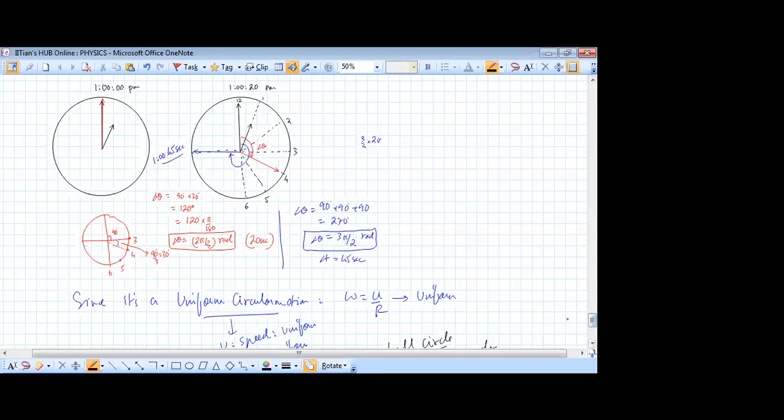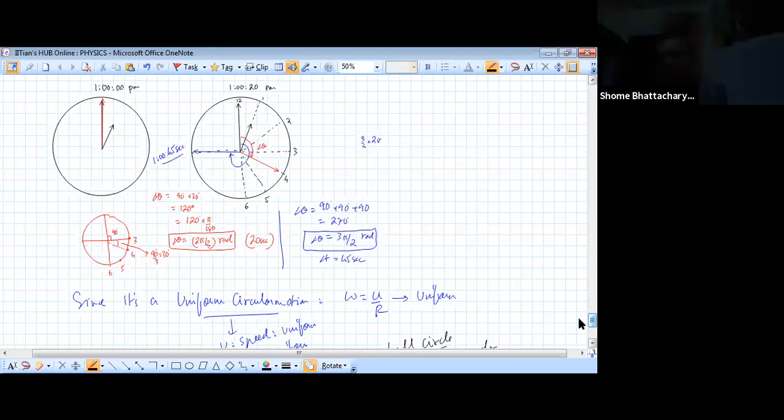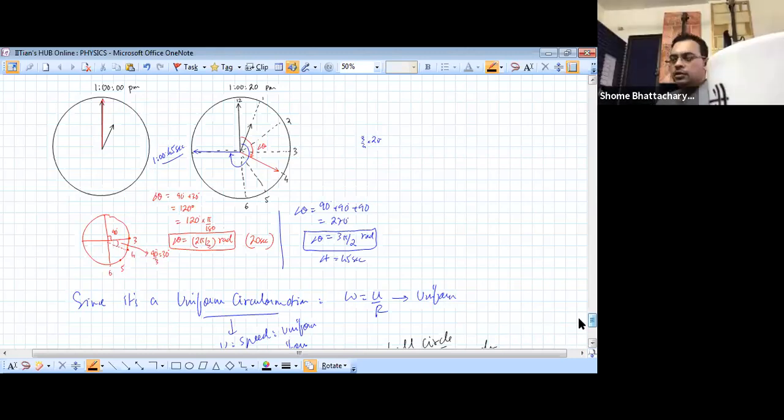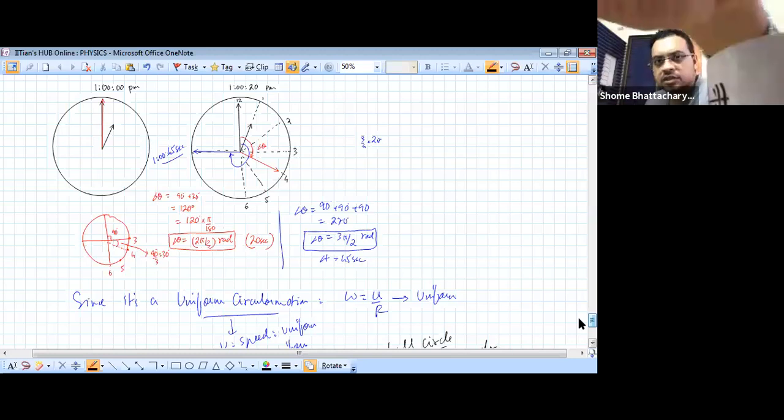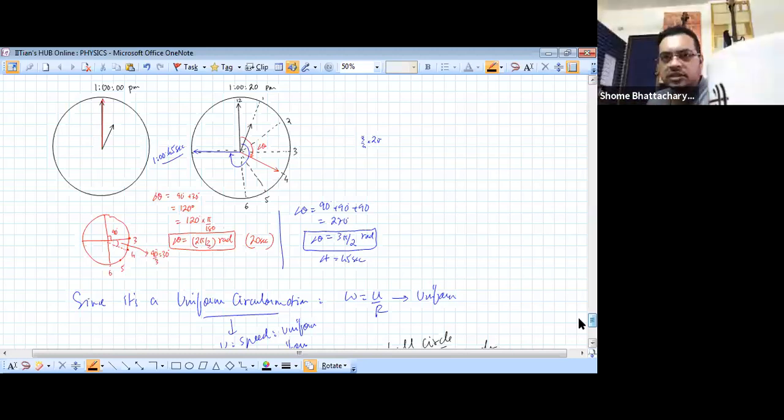Okay, so these are some example questions of uniform circular motion. You will find some more examples in your module. Now, I just want to discuss a couple of questions from the module which have been sent to me as doubts. So let me check again.